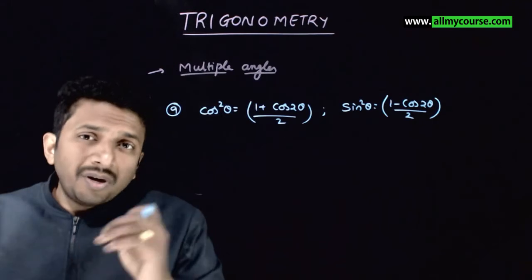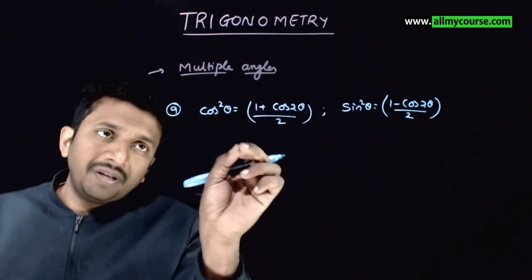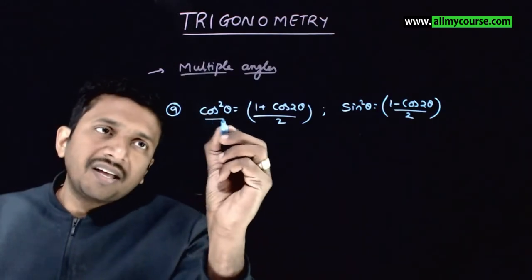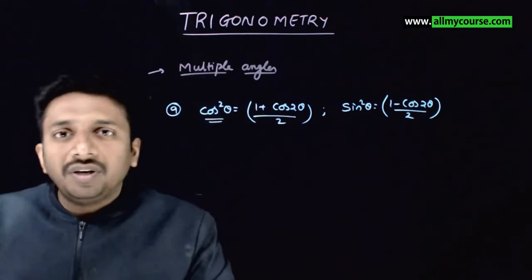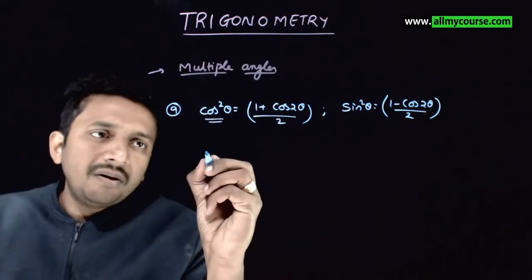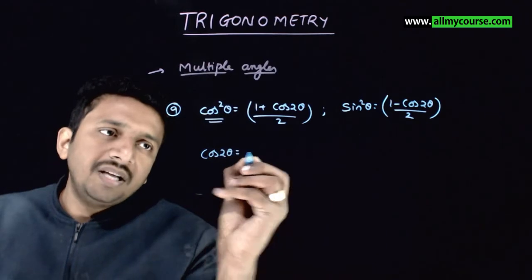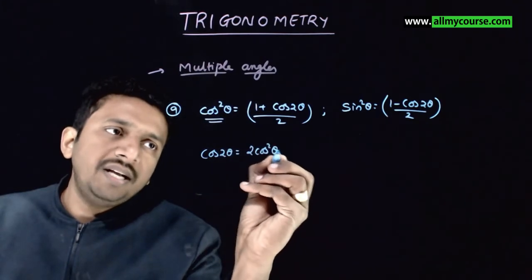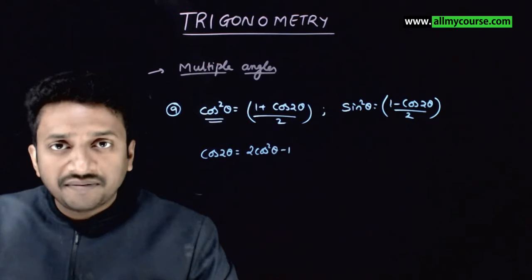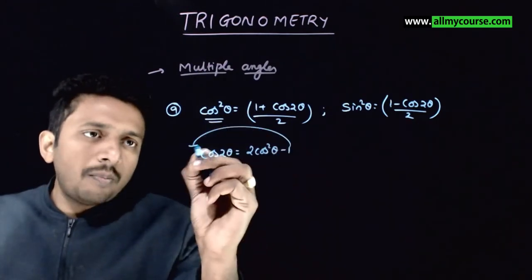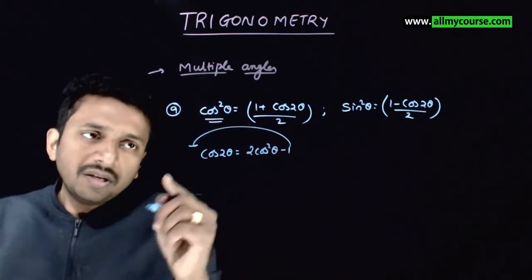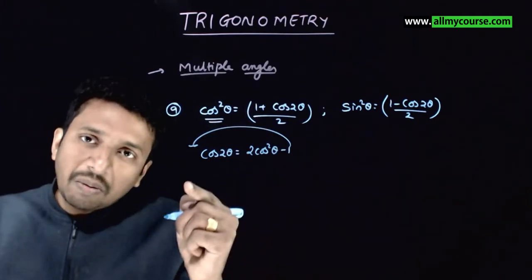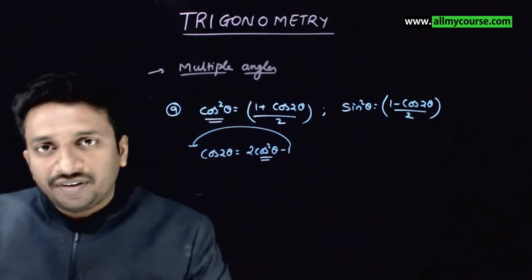One of the important sub formulas that you get from this topic is that cos square theta can be written as 1 plus cos 2 theta by 2. Because cos 2 theta is equal to 2 cos square theta minus 1, which is one of the formulas that we have seen. If you send this minus 1 onto this side, it becomes plus 1. So 1 plus cos 2 theta by 2 is cos square theta.